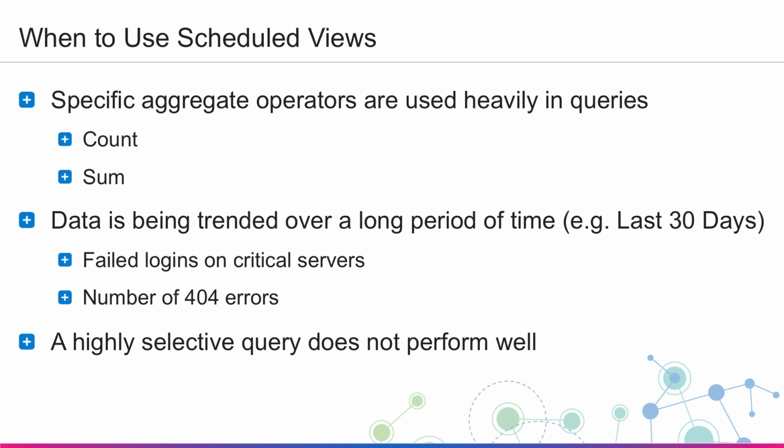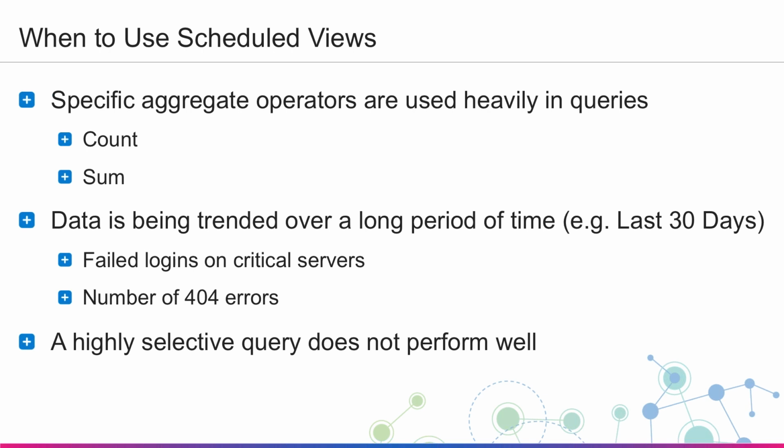If you have a highly selective query that doesn't perform very well, you may also want to consider using a schedule view for those as well. And again, in my previous example, we took a bunch of source names and metadata tags along with a bunch of keywords that reduced my data significantly.